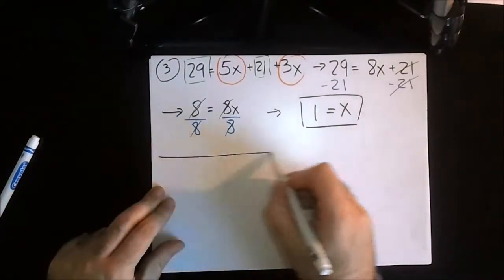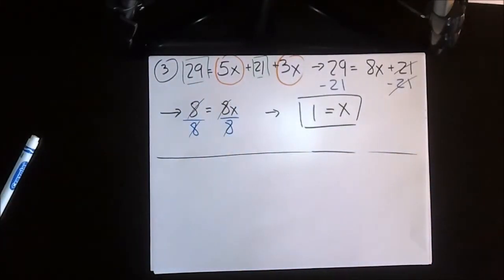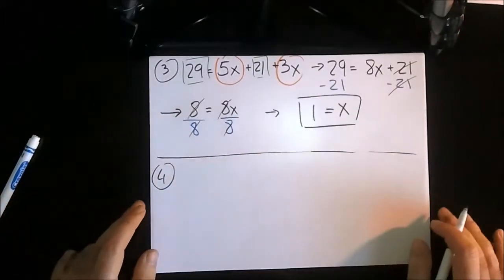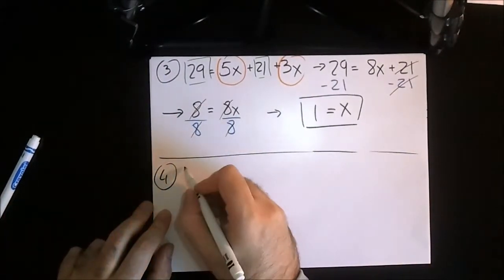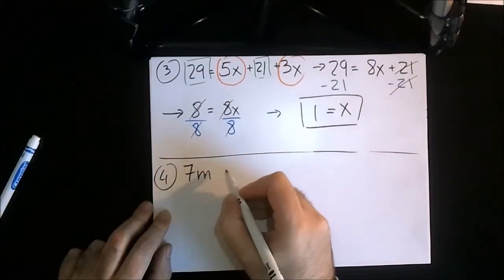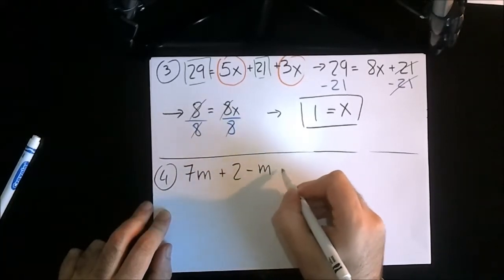All right, that was number 3. Ask me to pause this if you have any questions, but I am going to move on to number 4. In number 4, we have a problem that's, again, pretty similar to what we've done so far.